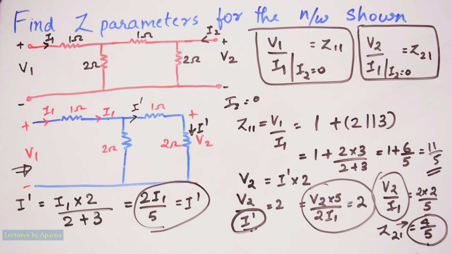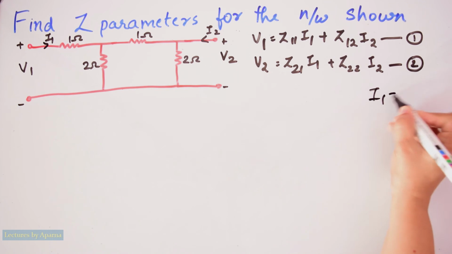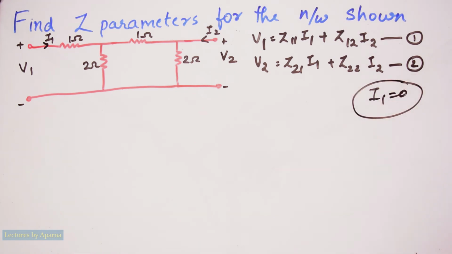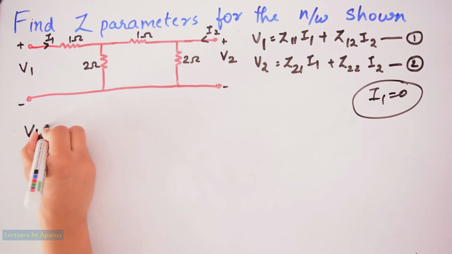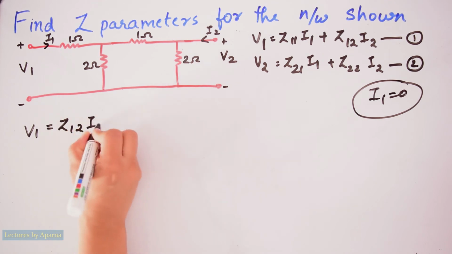Now we have to find the other two Z parameters. So for that we have to put I1 equal to 0 in equation 1 and equation 2. Now put I1 equal to 0 in equation 1. We will get V1 is equal to Z12 I2.